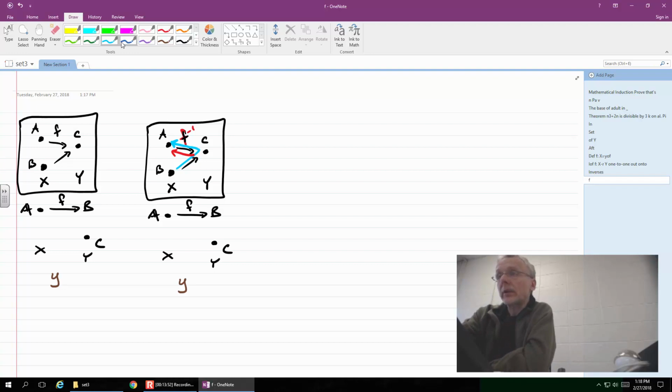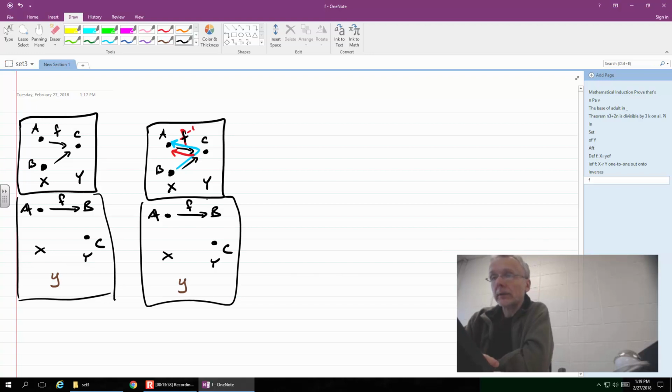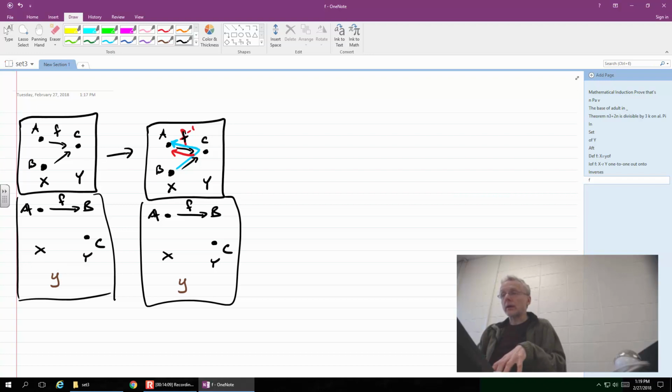Similarly, the situation I face when the function is not onto is the same kind of thing, but the trouble is different. Here I'm trying to build the inverse of a function that is not one-to-one. With the second one, the function is not onto. How do I resolve it?